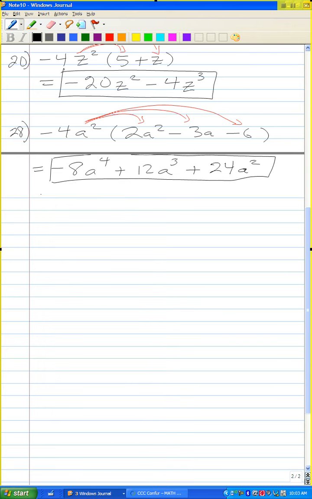Let me do problem number 30. X squared plus 3x minus 4 times negative 2x. So again, let's use distributive property. And so let's multiply the negative 2x inside the parentheses.